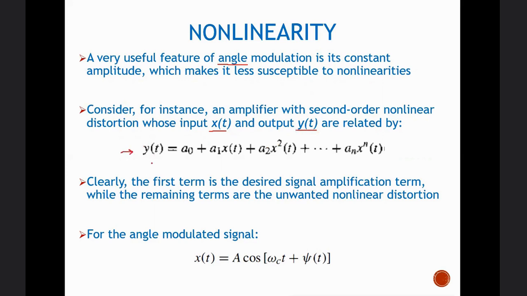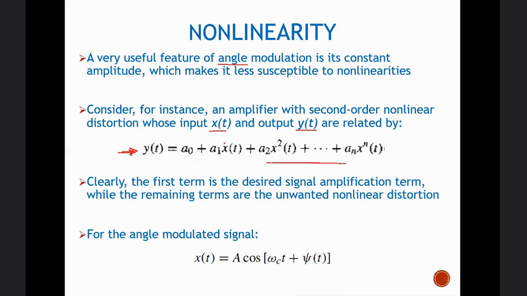Nonlinearity generally comes from the amplifiers, which are required to amplify the FM signal before it is transmitted through the antenna. In this expression, we have an amplifier which has second order nonlinearity, so the output is related to the input through this expression.